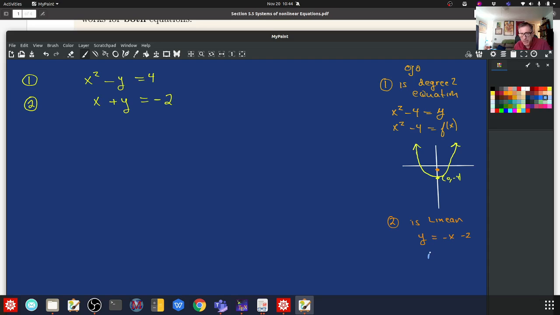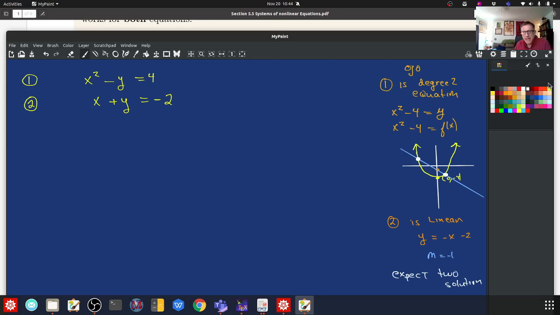The slope m is minus 1. So it's going to look something kind of like this. Just by the graph here, we expect an intersection at 2 points. Now, it may not be the 2 points I've graphed, but by the graph, we expect 2 solutions.